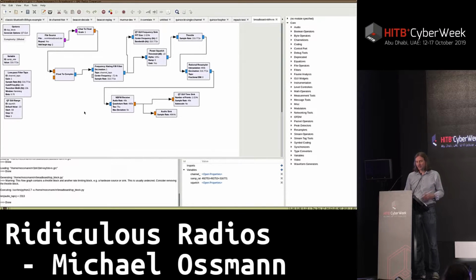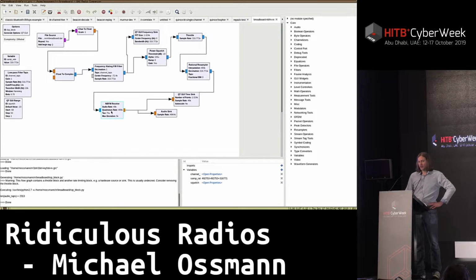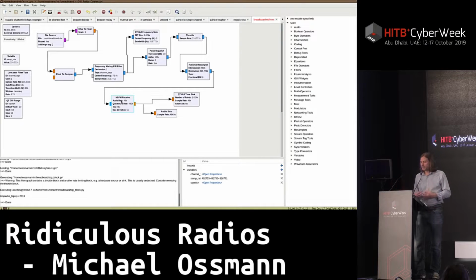And in this application, I'm sure you can't really read it from there, but you'll see there's about a dozen blocks on my screen. Basically, I'm taking input in the upper left-hand corner that is coming from my microcontroller, and then I'm filtering it. And down in the bottom here, I'm running it through a demodulator to actually pull information out of that radio signal.